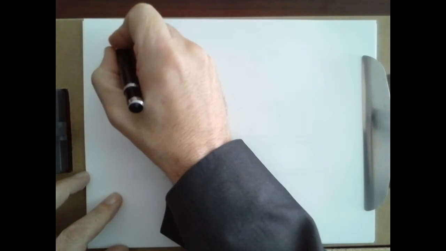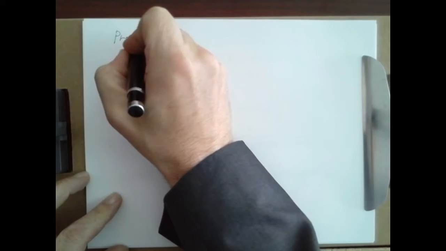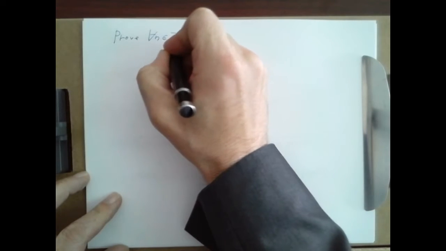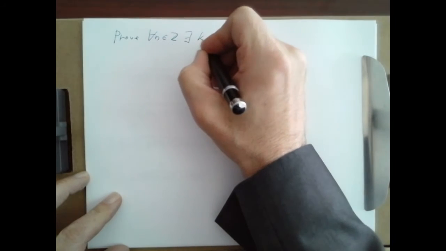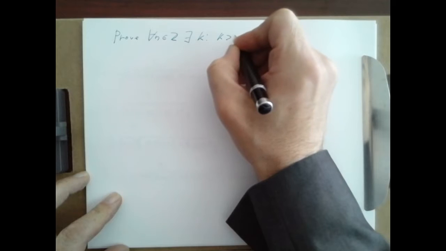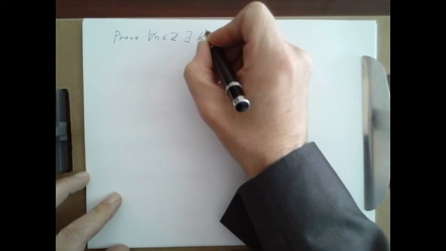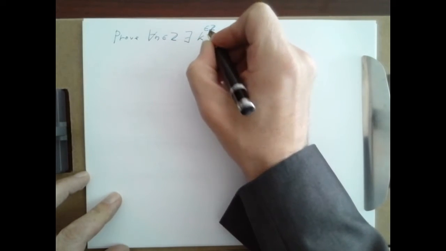So prove for all n in Z, there exists a k such that k is bigger than n, k also contained in Z. What do we think about this? Given any integer, prove that there's an integer bigger than that.